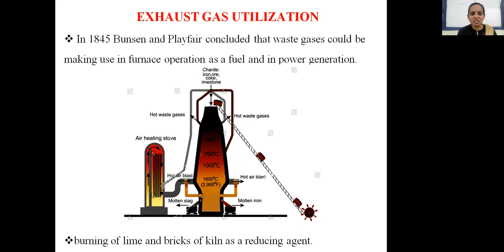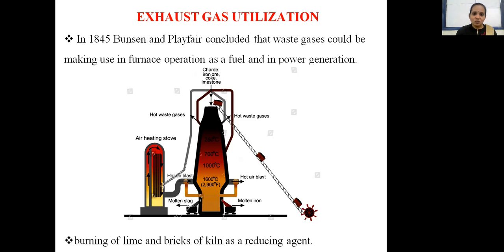That preheated blast of air is then sent to the blast furnace through the bustle pipe. The exhaust gases can also be used in kilns, as a reducing agent, and as a fuel.